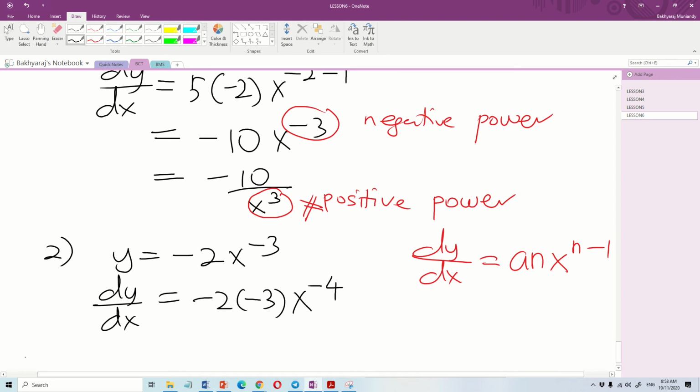So you get 6x power of negative 4. Remember, negative 4 means we need to make it positive power.